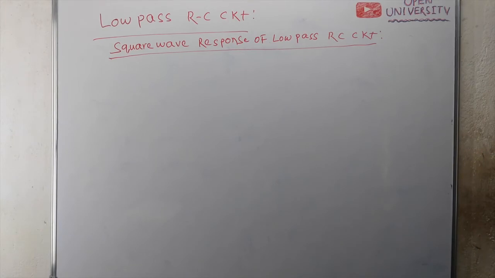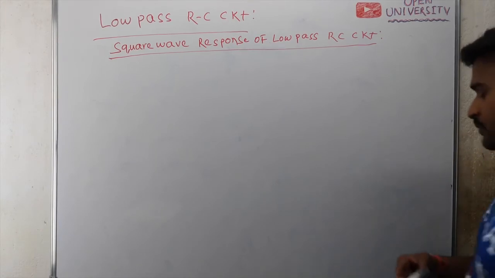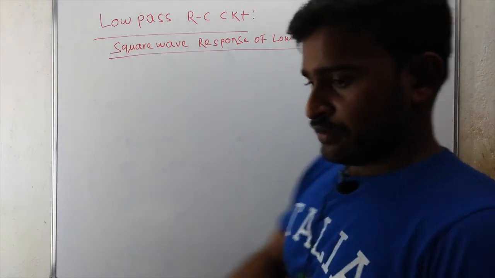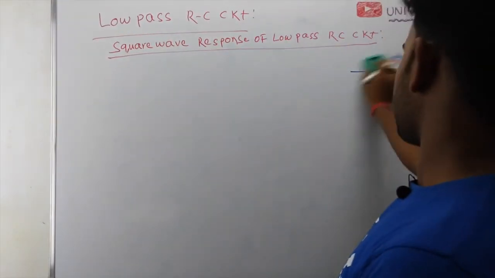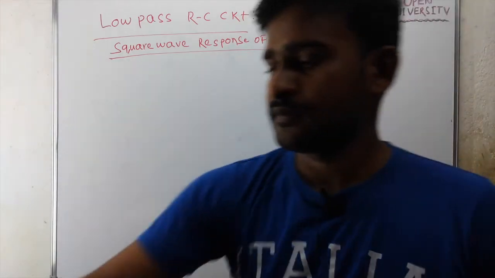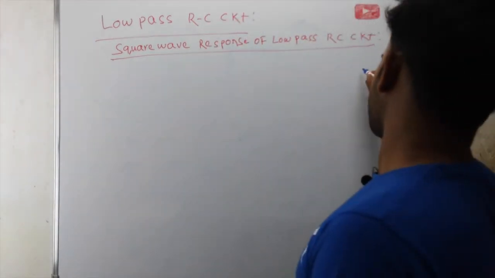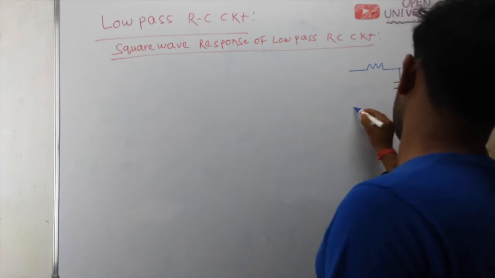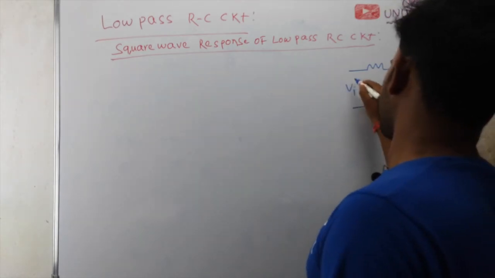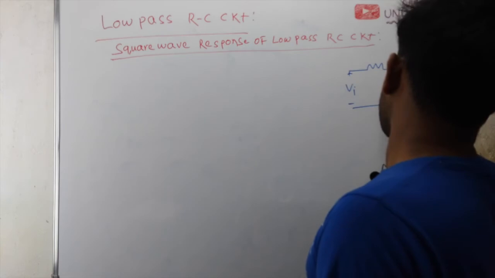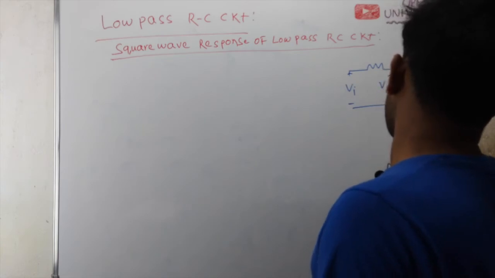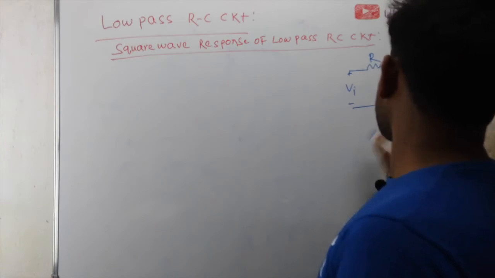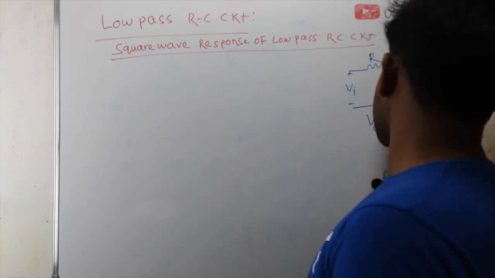See, this is your low pass RC circuit. Input voltage is Vi. Let the voltage across capacitor be Vc, and this is your V0. Here V0 is nothing but Vc.